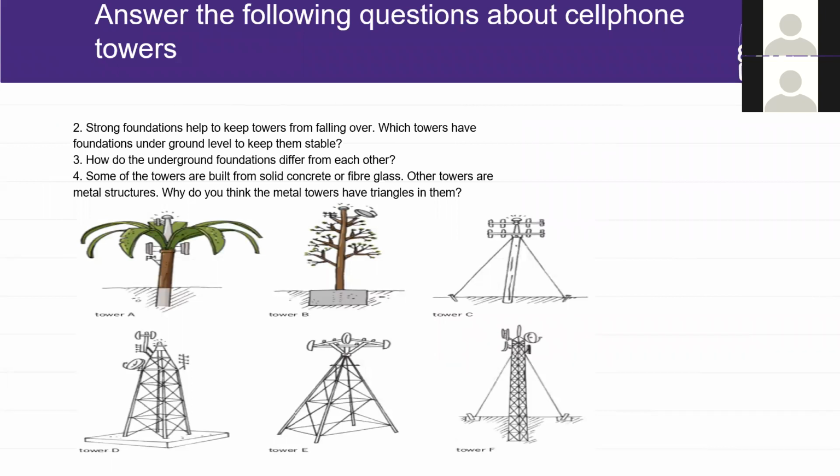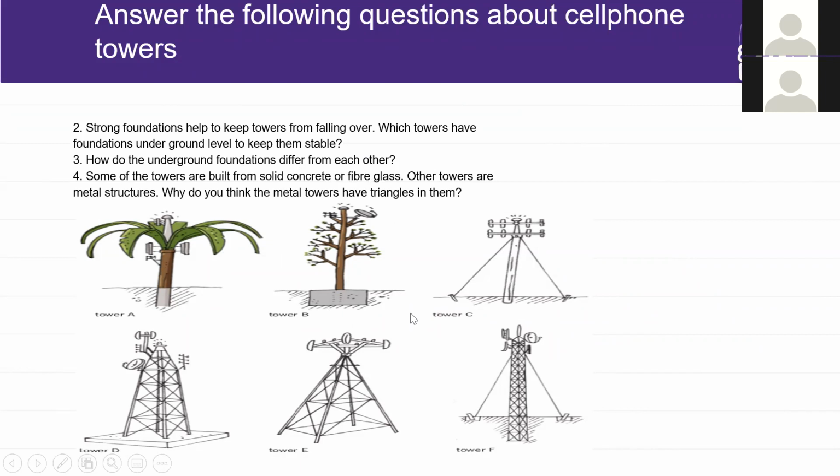Okay. Strong foundations help keep towers from falling over. Which towers have foundations underground level to keep them stable? How do the underground foundations differ from each other? If you look at these towers, some of them have underground foundations.